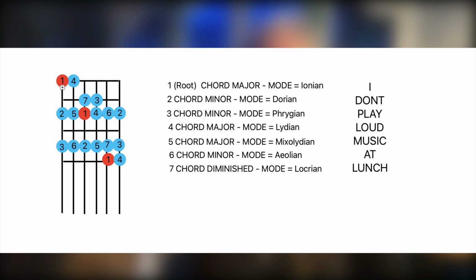And the modes basically are that same scale, the exact same scale, but played over the different chords that are derived from the major scale. If you're playing the E major scale over the chord of E major, then that is the Ionian mode.